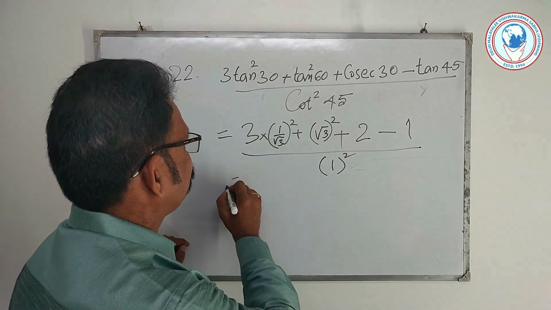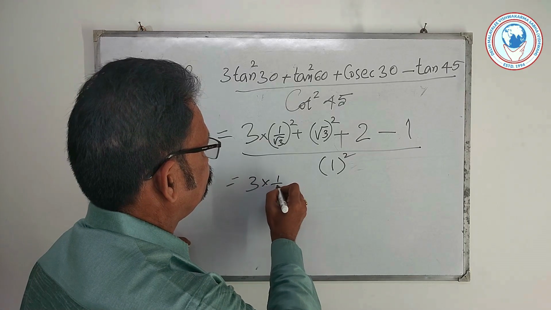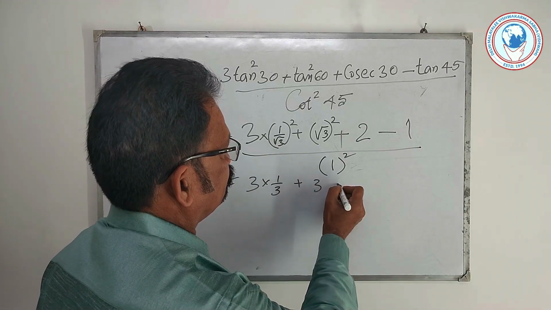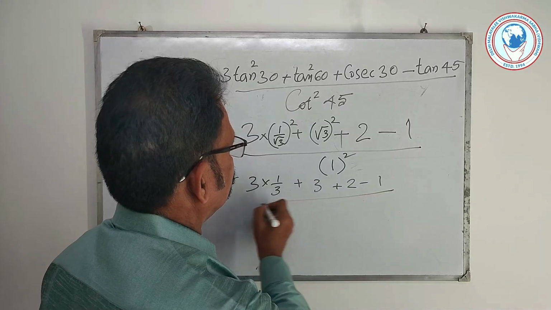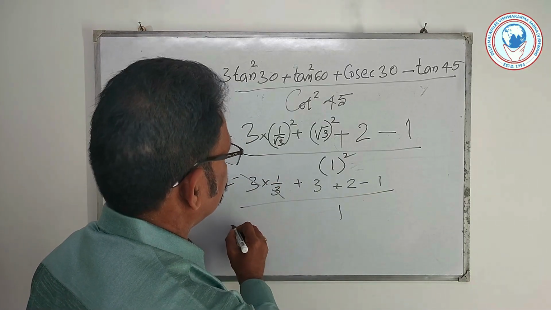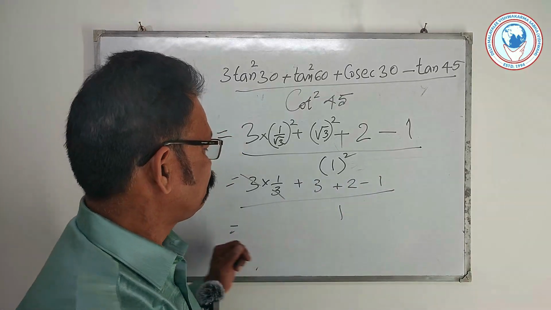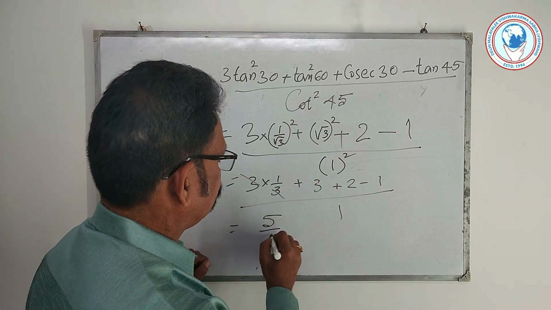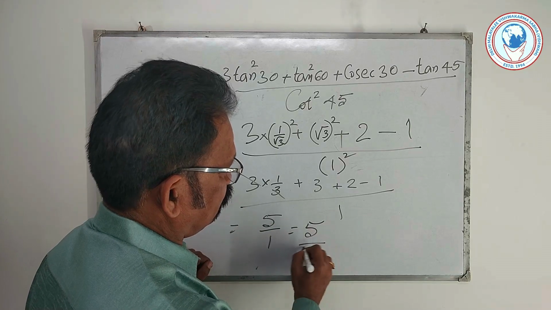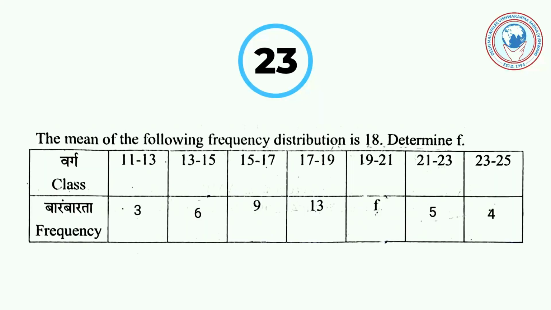Just to simplify, 1 plus 3 plus 2 minus 1, which is 5.